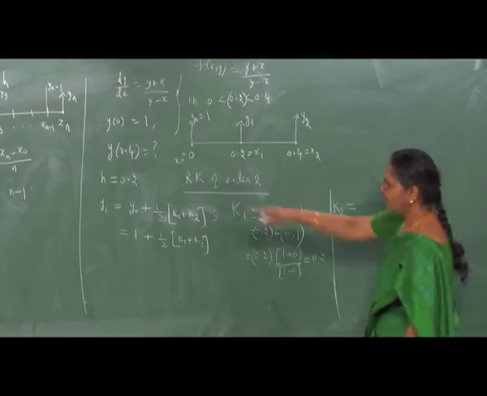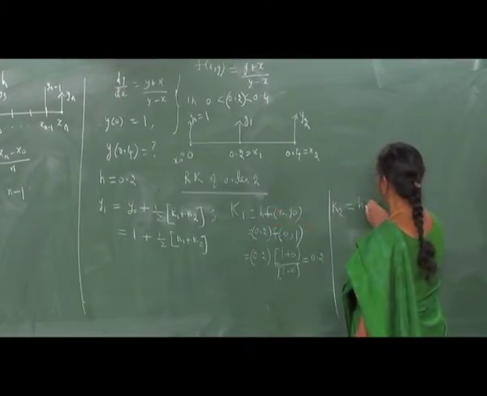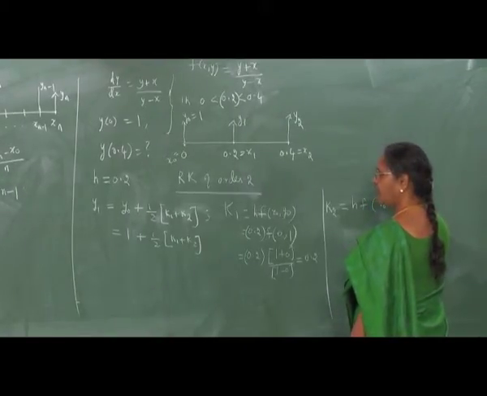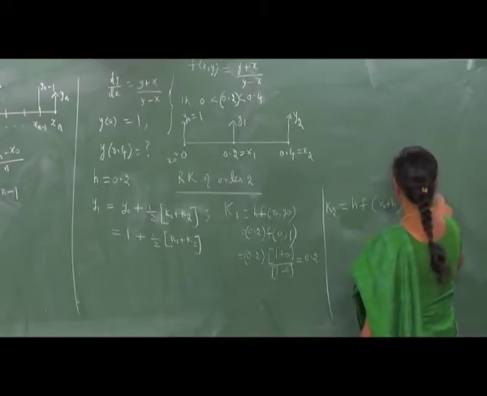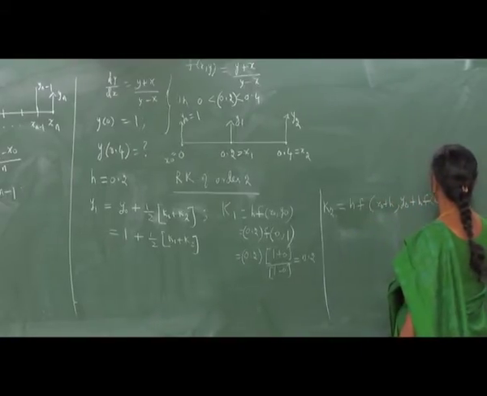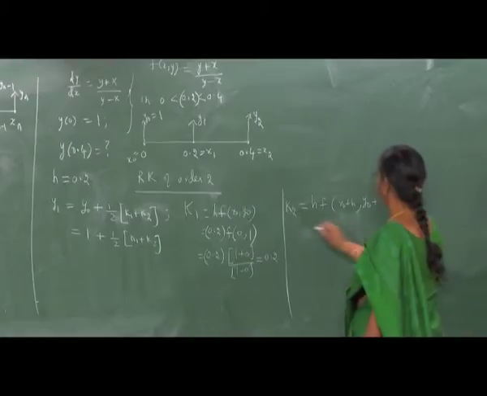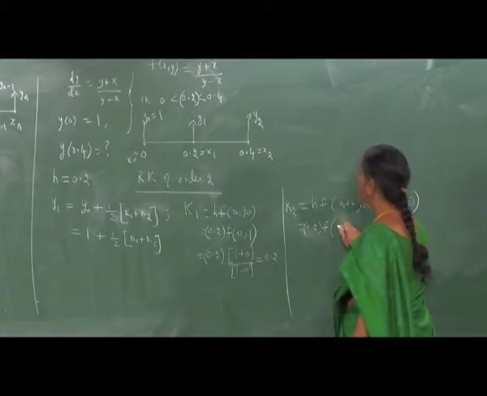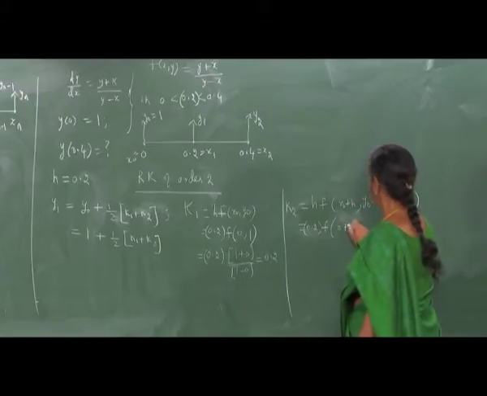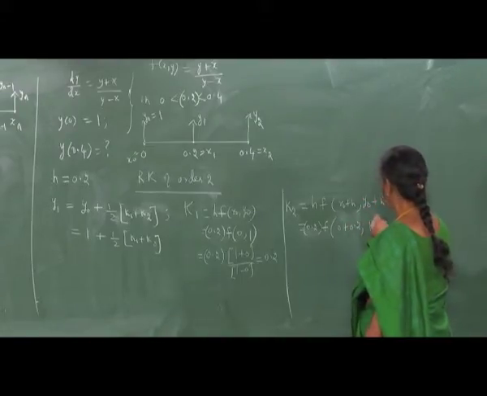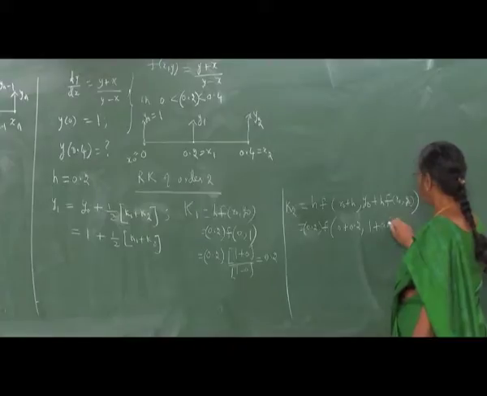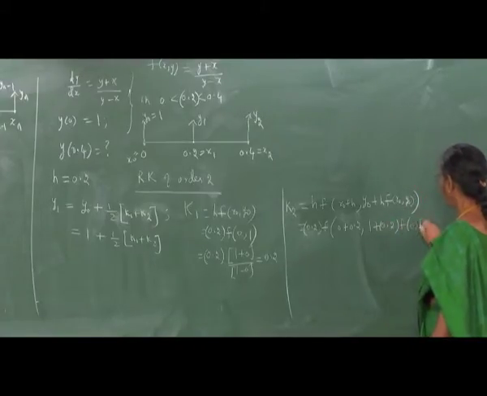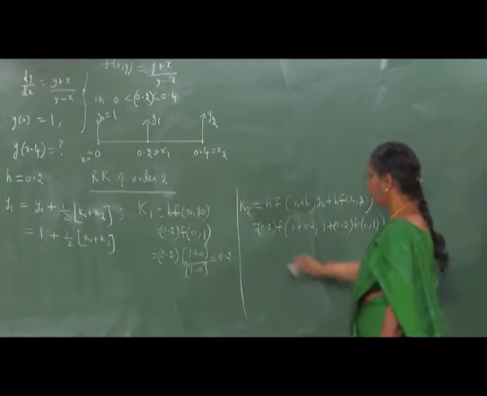k2 is from there h into f of x0 plus h comma y0 plus h into f of x0 y0. So, h is 0.2 into f of x0 is 0, h 0.2, y0 is 1, h is 0.2, f of x0 y0 is 0, 1.